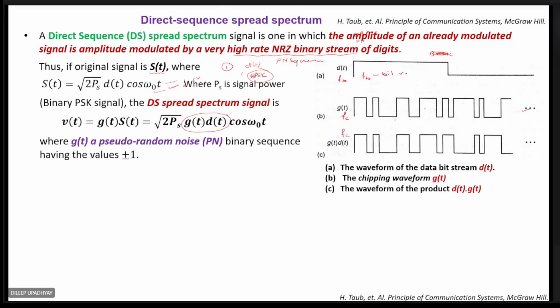But to differentiate this bit rate from the rate of this pseudo random noise code, we represent this FC as a chip rate, not as the bit rate. And the basic definition of the bit rate will remain the same. That is, the definition of the bit rate is the same as that of the chip rate. Only the difference is in the nomenclature. That is, in the case of the original message signal, the bit rate is represented by FB.